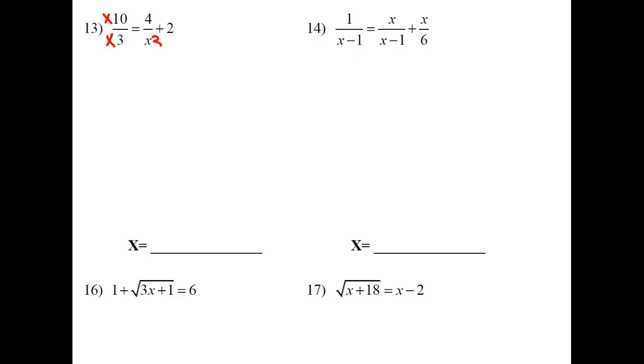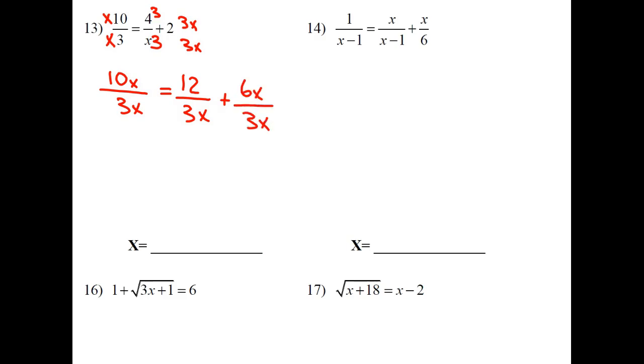This next one needs a 3, and this one right here needs a 3x and 3x. Okay, so now we get all the denominators to match, and then we can just ignore them. We can forget about them. So we have 10x over 3x equals 12 over 3x plus, and then we multiply by 2, that's going to get 6x over 3x.